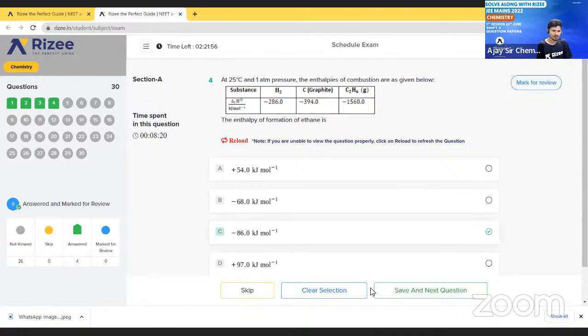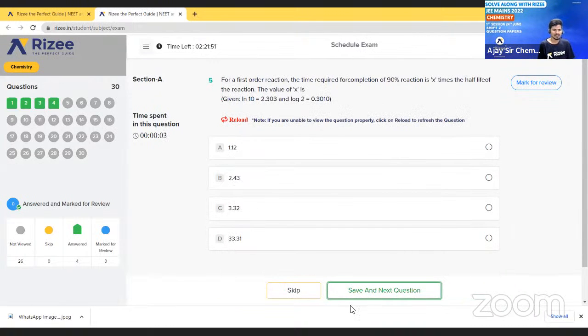Okay, so what is the next question? See here, very simple. They are asking how we have to find the half-life of a first order reaction.